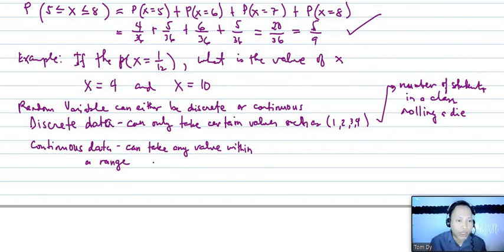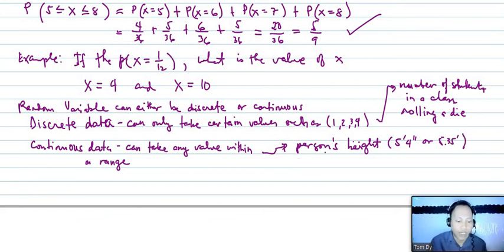Now how about continuous data? Our example of continuous data, let's say, is a person's height. If we say a person's height, let's say 5 feet 4 inches, or let's say 5.35 feet.